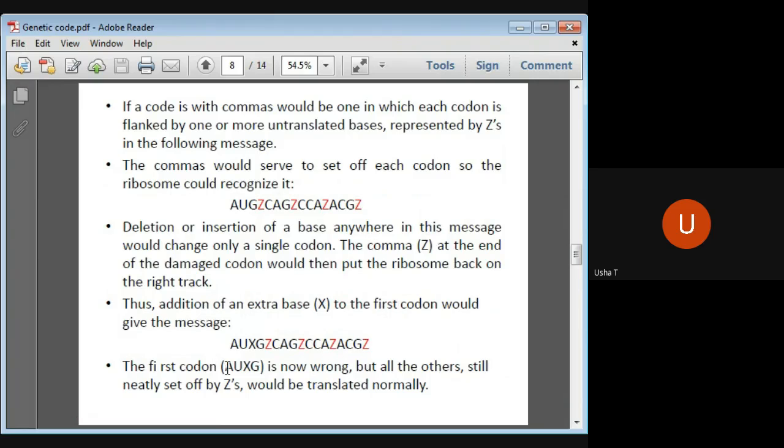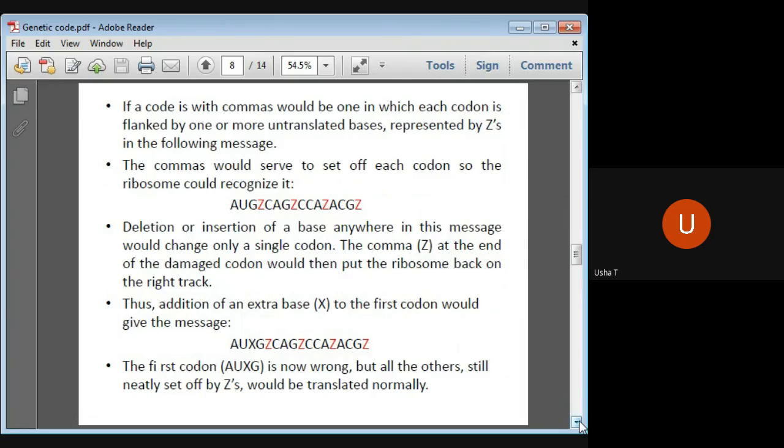So the first codon AUXG is now wrong, but all other codons, neatly set off by Zs, would be translated normally. So if it had commas, which would tell that here is the finishing of one codon, it would have remained the same as the first frame, with no shifting of the frame.